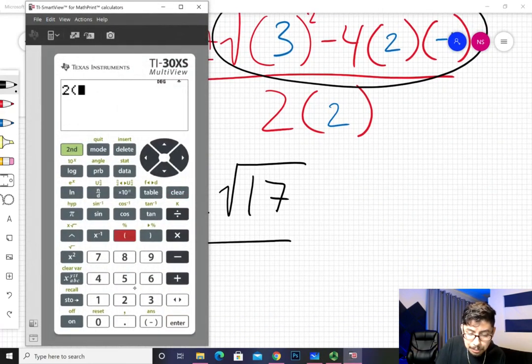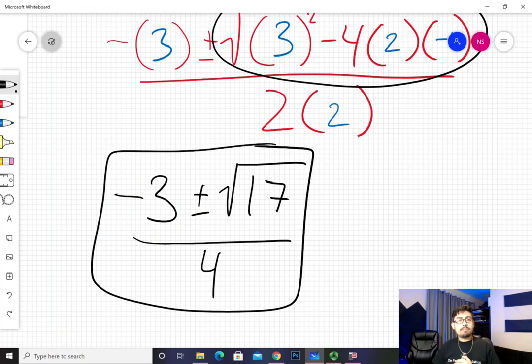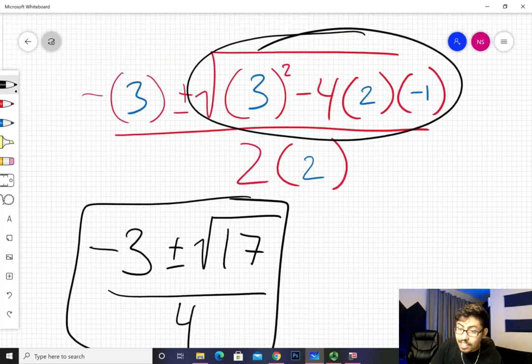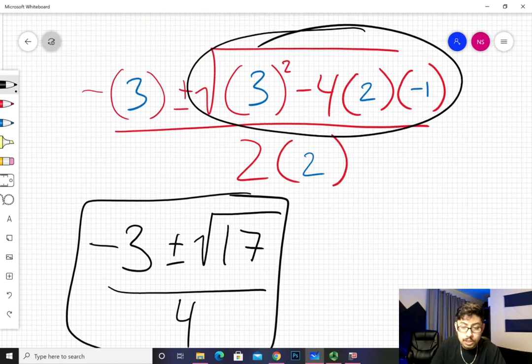You just literally put it always exactly the way it is, 4. You go to 4, and you're essentially done. You will see this answer as a multiple choice answer on the GED, in case your east side does come out to a square root, like in this case.